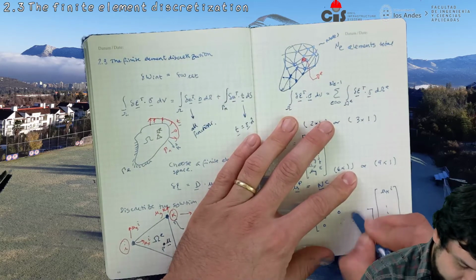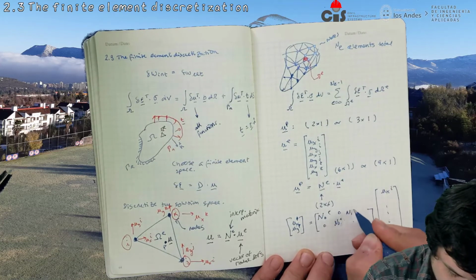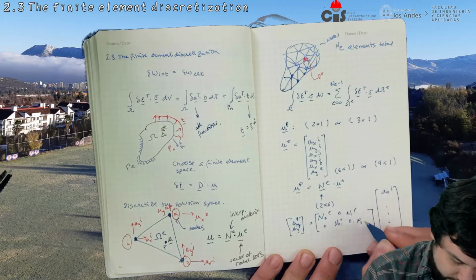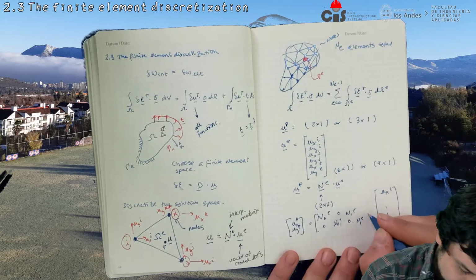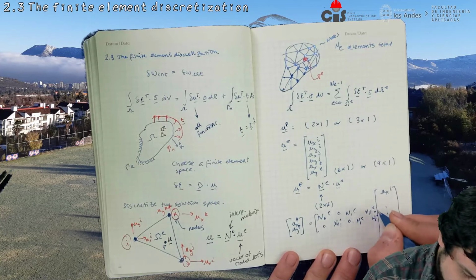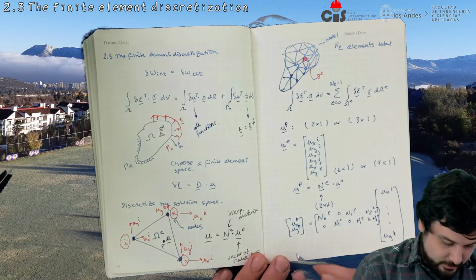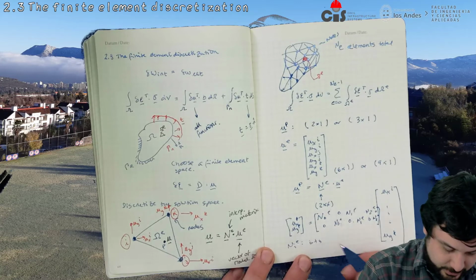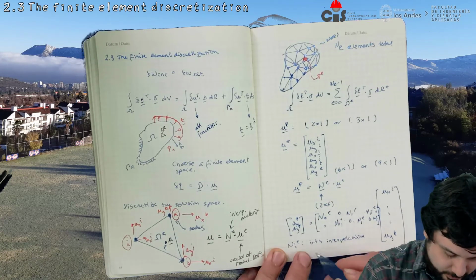Let's just correct this. 0, N_0^e, and 0, N_1^e, and so on, and N_1^e, and you'll still get N_2^e, N_2^e, 0, 0. Sorry. So N_i^e is the ith interpolation function.